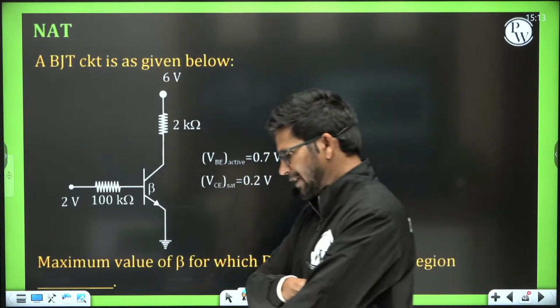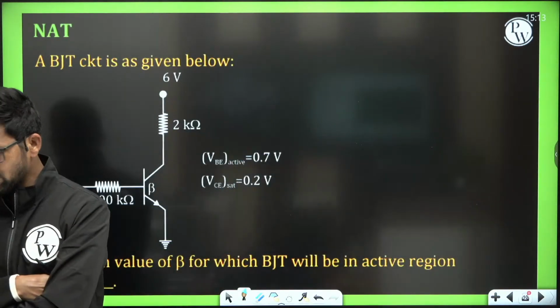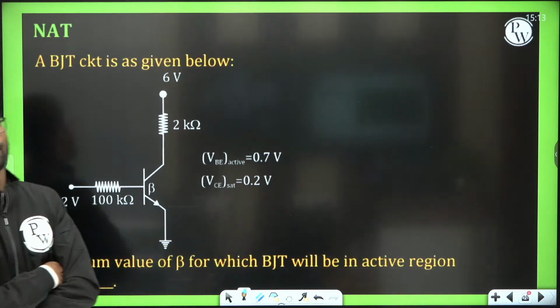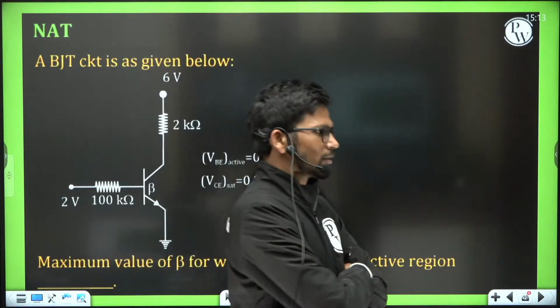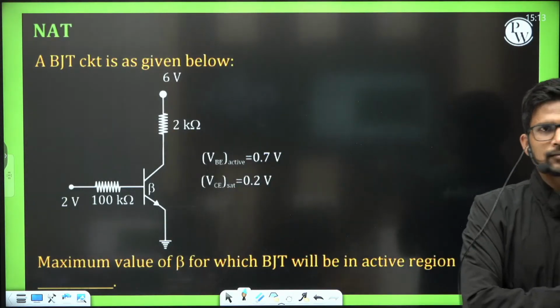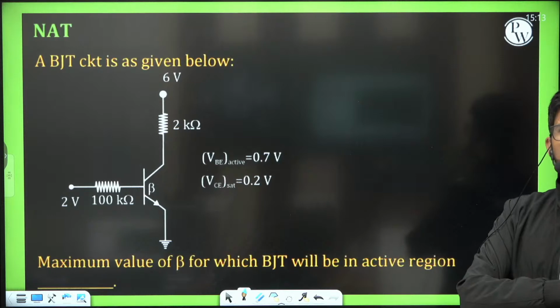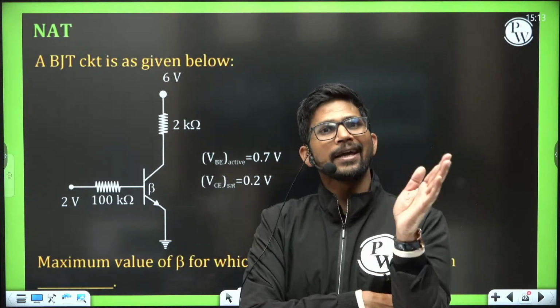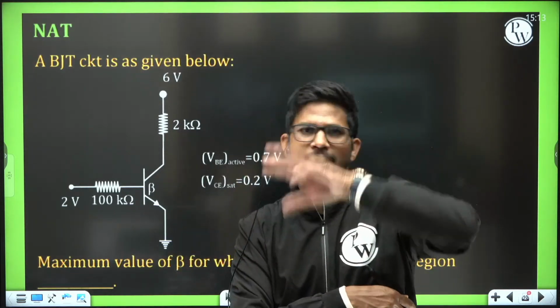In case of finding out the value of output current I naught, many students made mistakes because they do not apply KCL properly. You will find out the value of I naught only by applying KCL. So apart from I naught, you need to find out all the other currents.